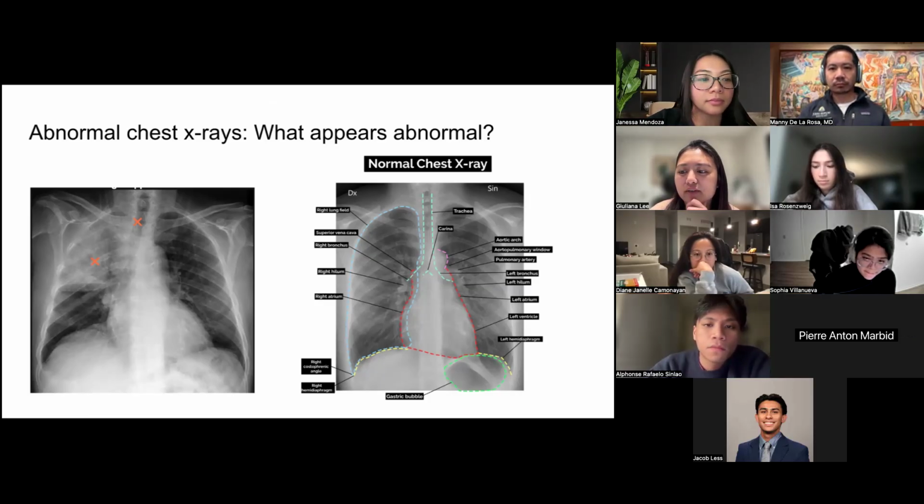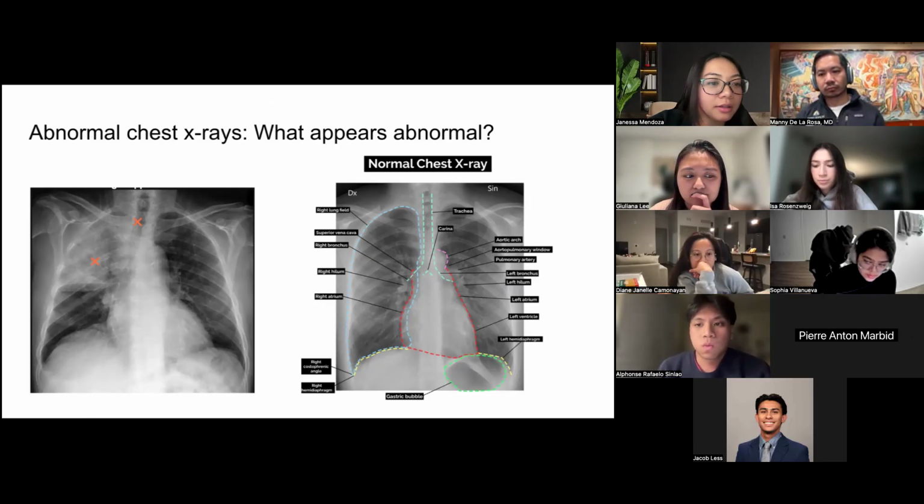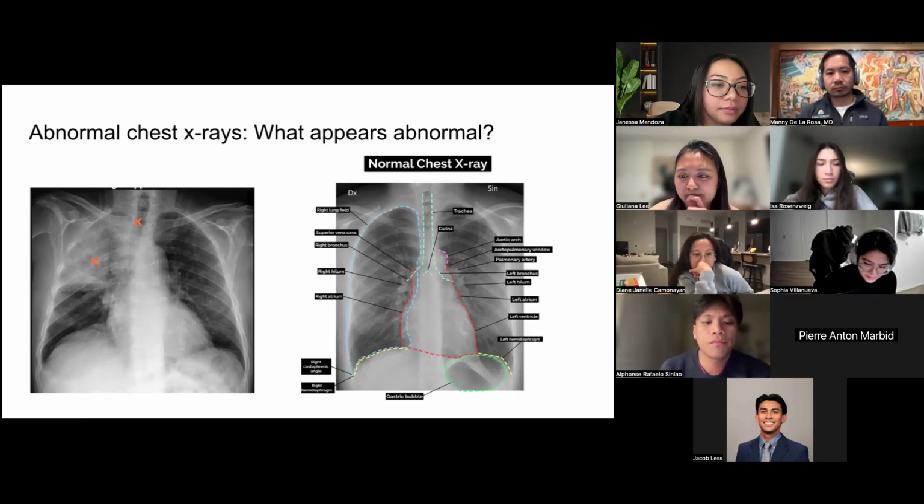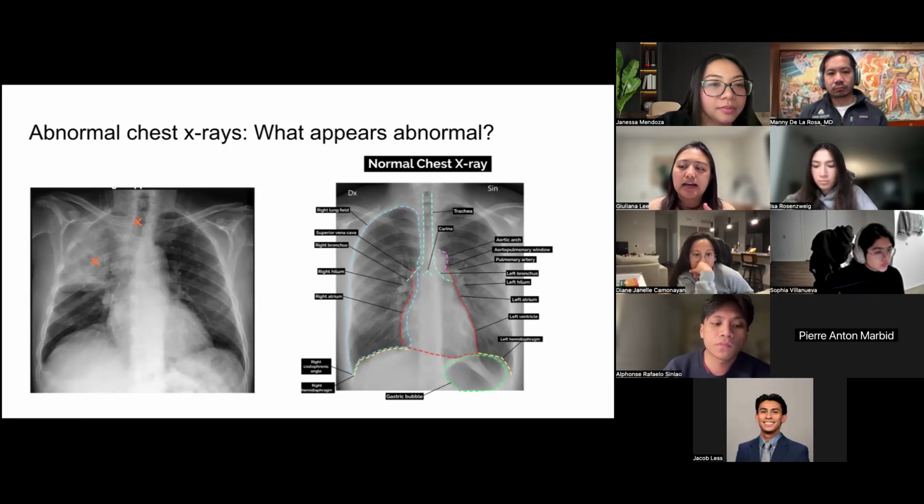And what's some of the terminology we might use to describe what's happening on this right side? What we can call this right side typically is an opacity.